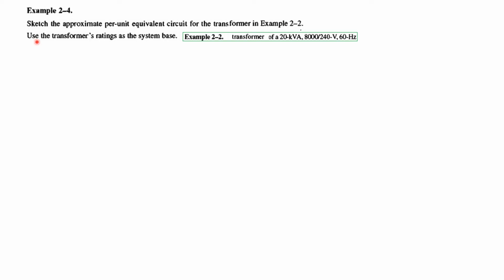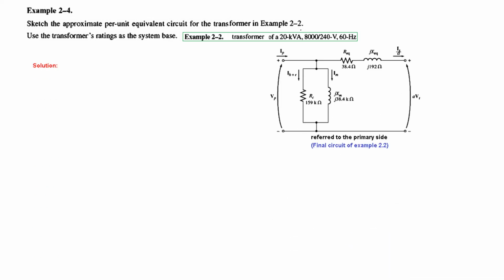So he's saying that use the transformer's rating as the system base. And this result we had got from example 2.2, but all these values are in ohms, not in per unit. So basically we have to convert this into per unit, and this circuit is referred to the primary side.